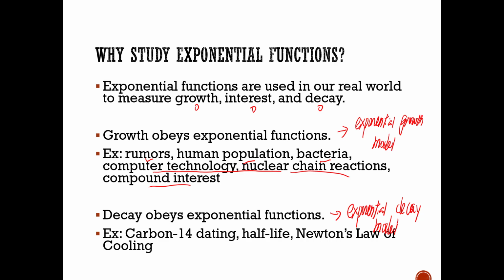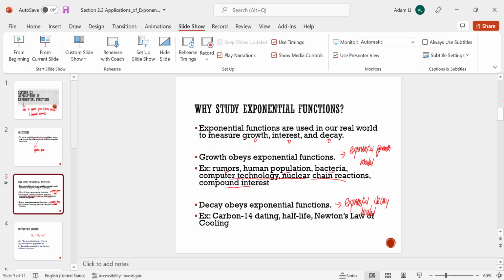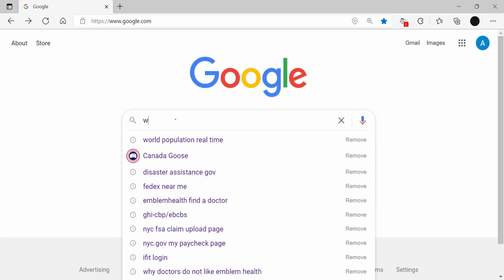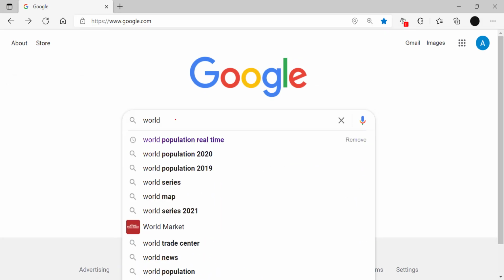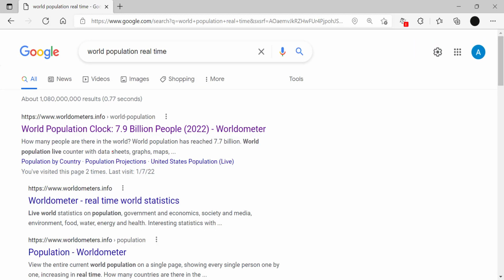Now I'm going to show you some real-world data about population growth. Okay, so we go to Google and type in world population real time, and you're gonna have this website pop up.